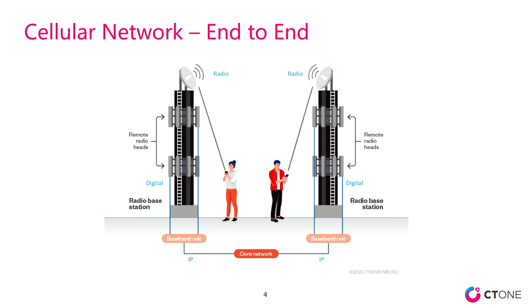The core network may be connected to the internet, may be connected to another base station, or connected to other core networks. So if we are sending a text message from LINE or WhatsApp, the packet will go from here all the way here and then to the internet.